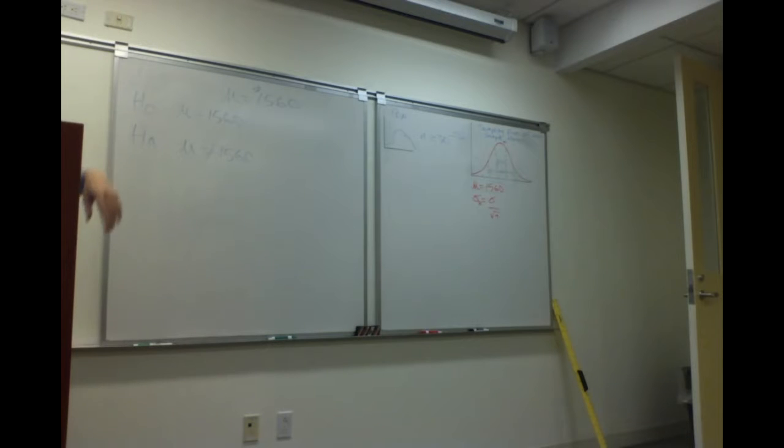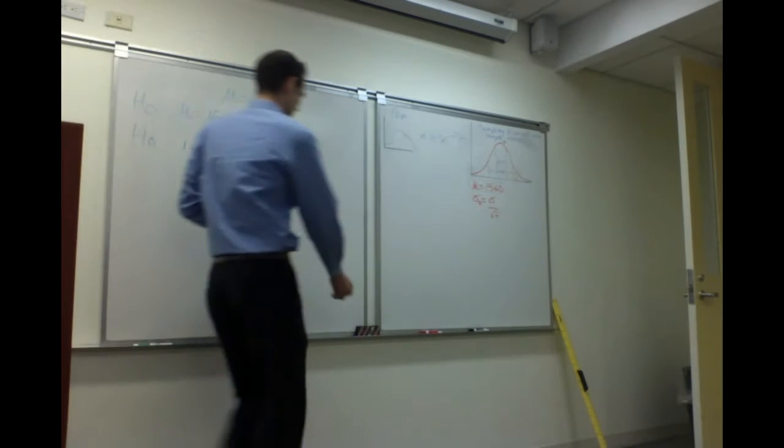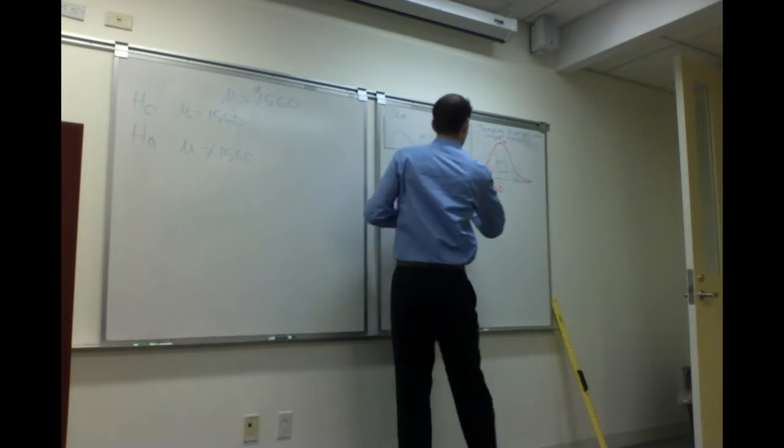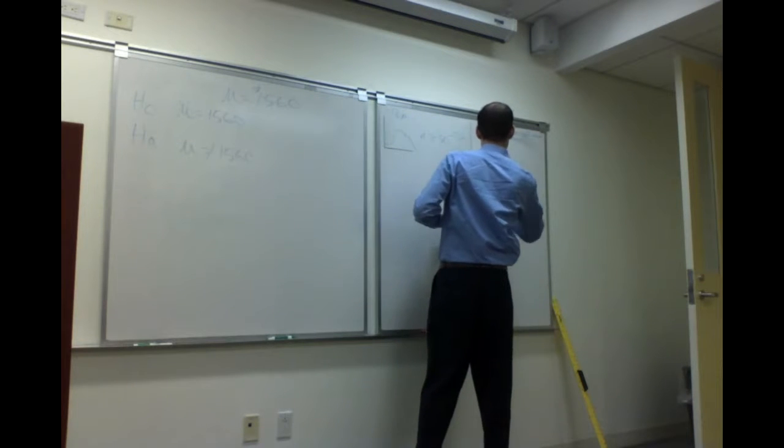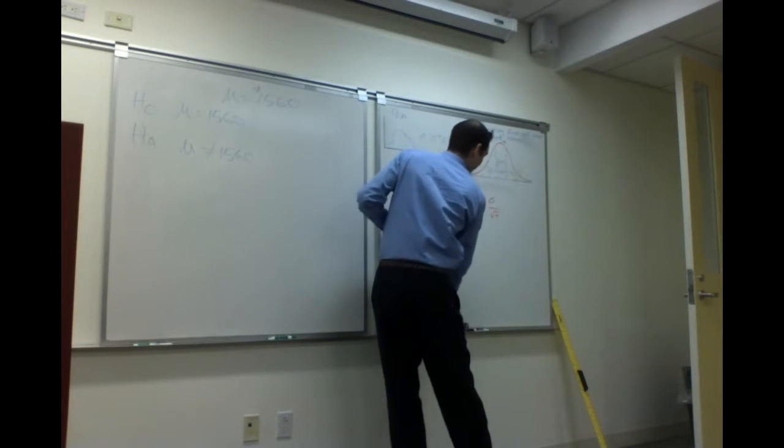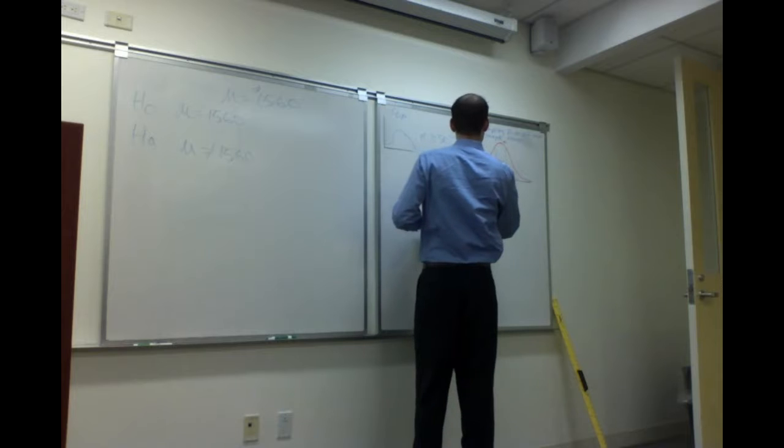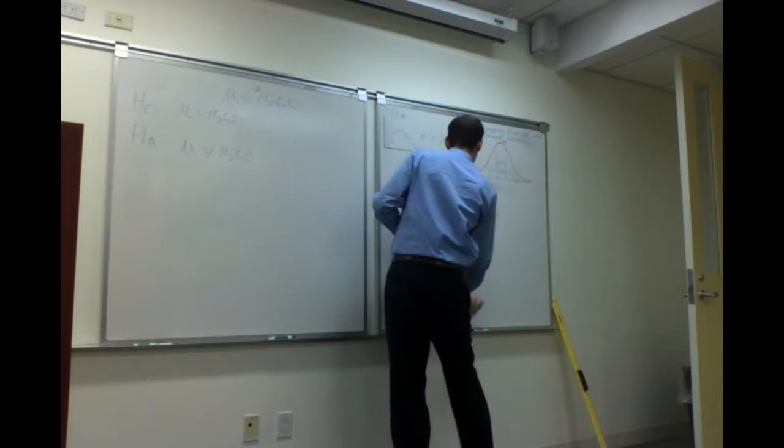So let's put some numbers to this. Let's erase my crossed out 560. Let's assume that's still good. Mean equals 1560, sorry.